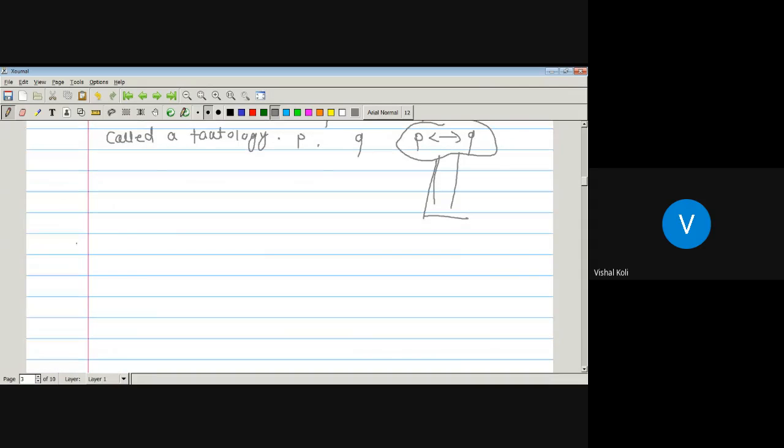Next is contradiction. It is the opposite of tautology.